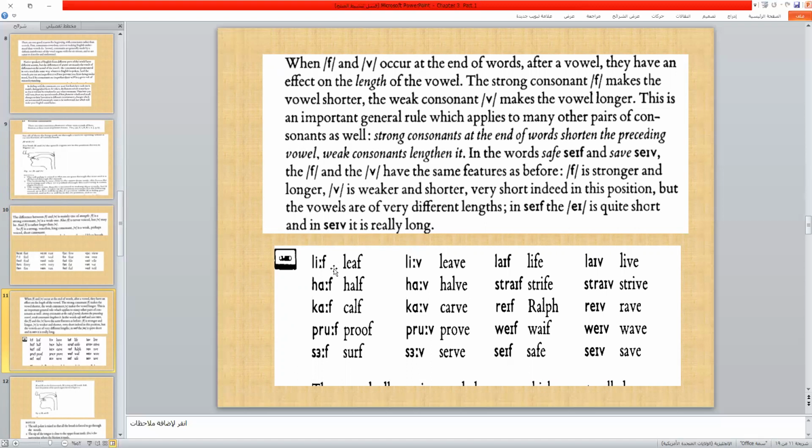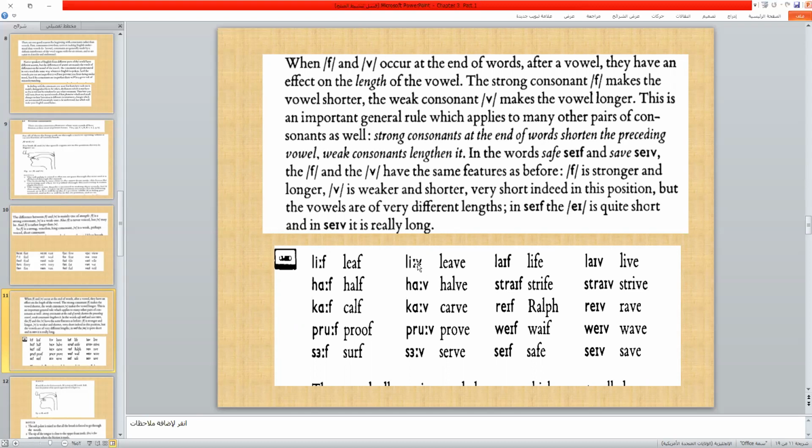Let's have more examples. Leaf, leave. The f here is voiceless, fortis, so it shortens the vowel, the E here.